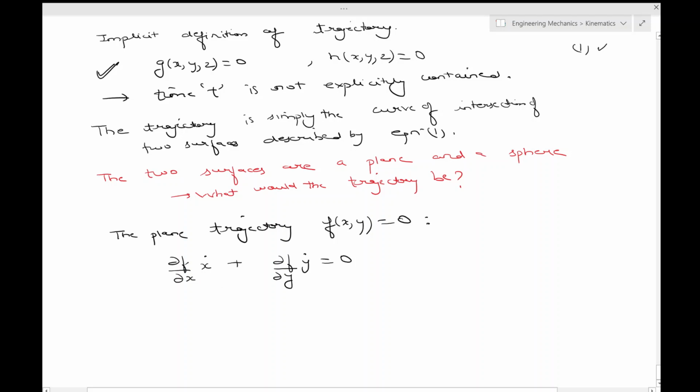Now this should give us the velocities, and for acceleration you have to differentiate it once more with respect to time.